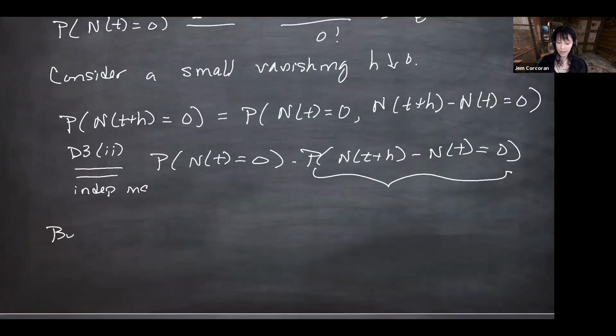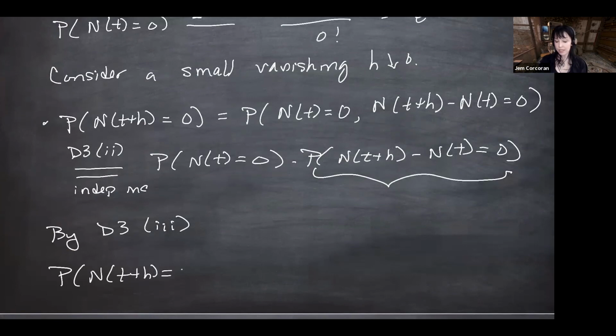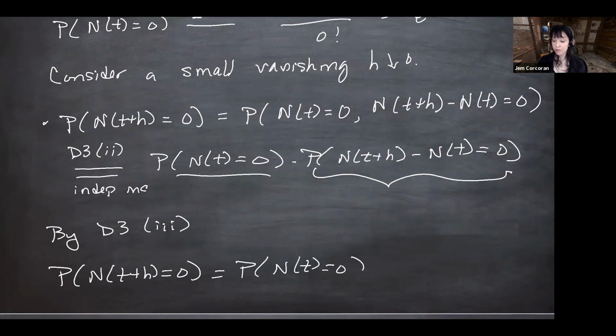So by definition 3 triple I, the probability that N of t plus h is 0 is the probability that N of t equals 0, which is what I'm trying to solve for, times 1 minus lambda h plus little o of h. That was part 3 of definition 3, one of the things stated there.